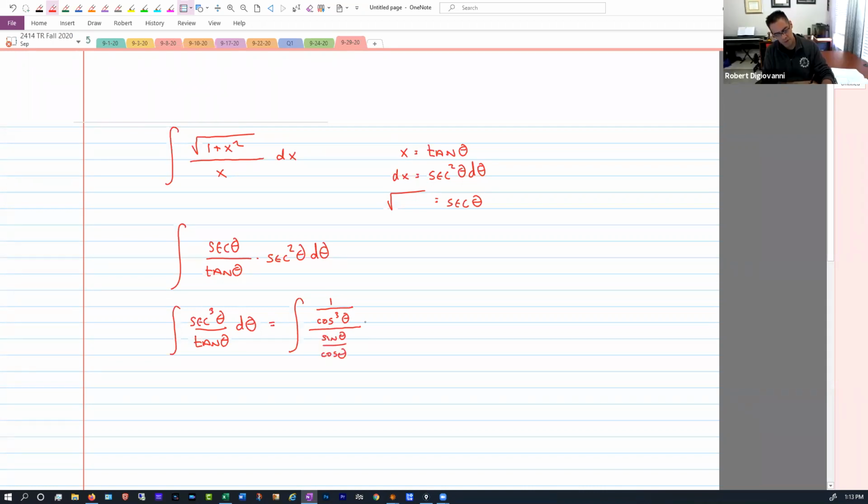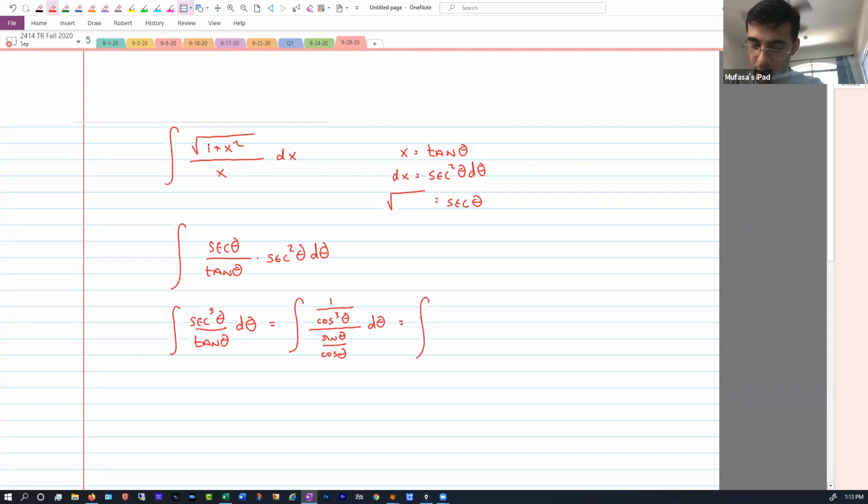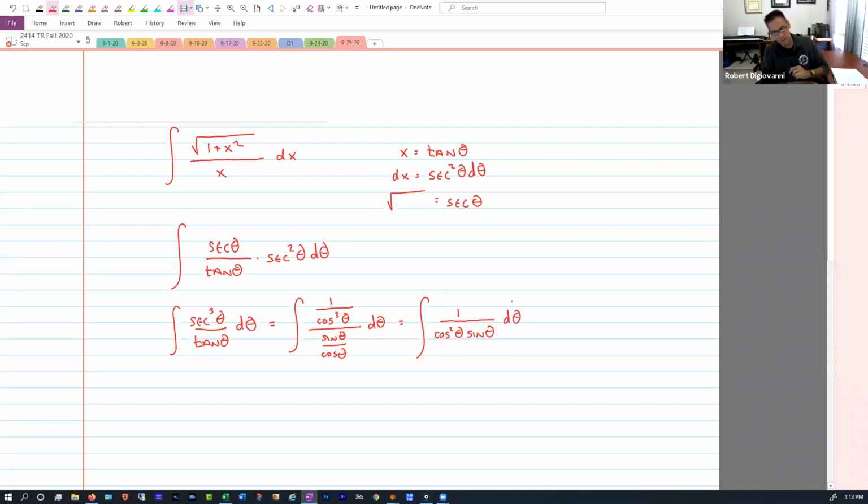So you did something like this. We're going to wind up with the same thing, hopefully. So when you flip that up, I got 1 over cosine squared theta into 1 over sine theta. Yes, and I just separated it: 1 over sine theta, so I made it cosecant, and the 1 over cosine squared theta, I made it a secant squared theta.